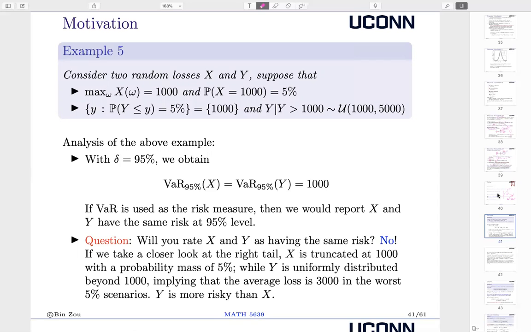Now let's look at example 5. So here we consider two random losses, X and Y. I put this very special setup so that X actually has a single probability mass at its maximum. So X has a maximum point at 1000 with probability 5%. So X is a very special distribution.